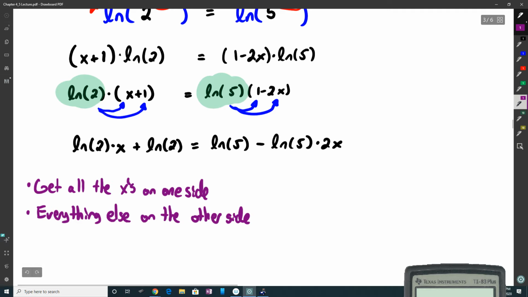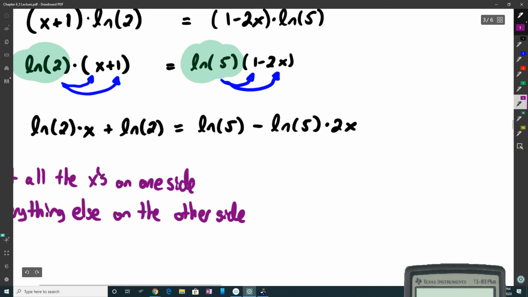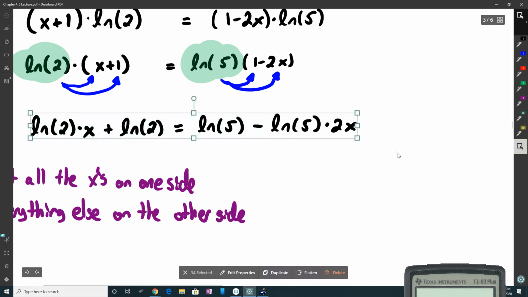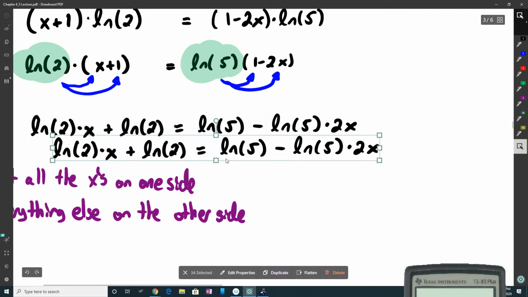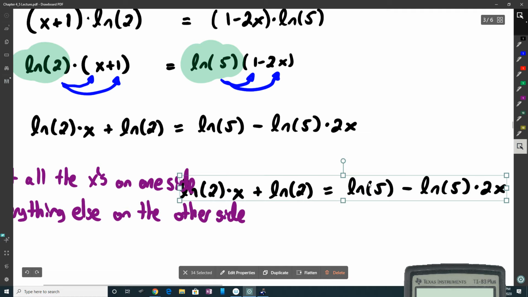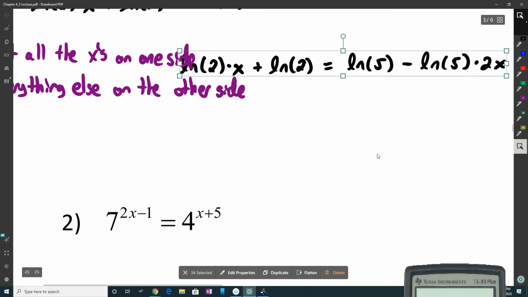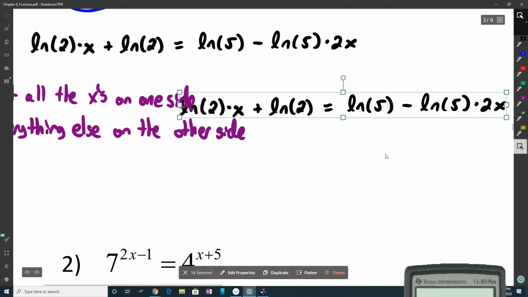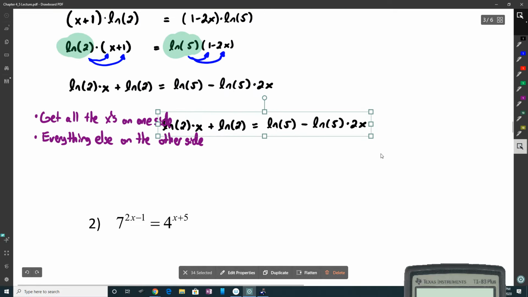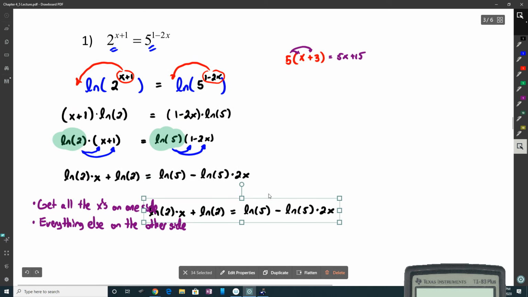Okay, so that's going to be our goal. Now, usually what I do, let me duplicate. Let's see. There we go. I'm going to drag this over here.